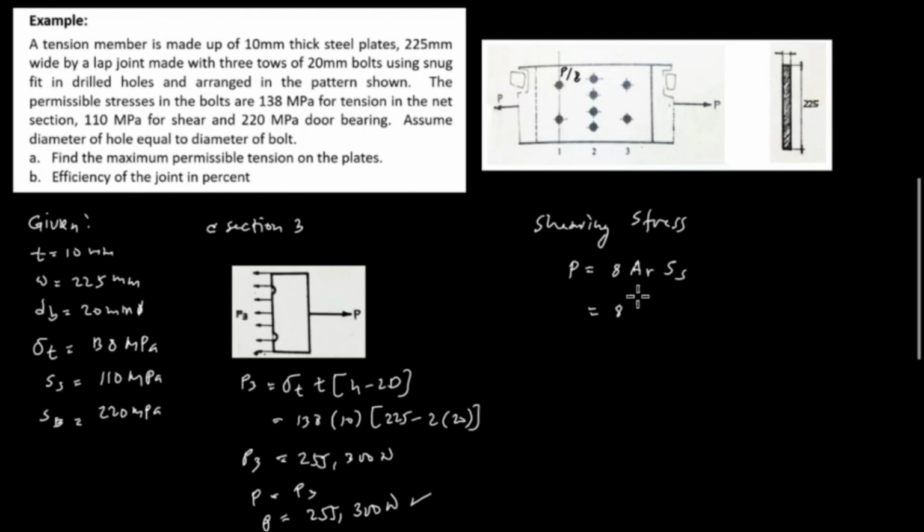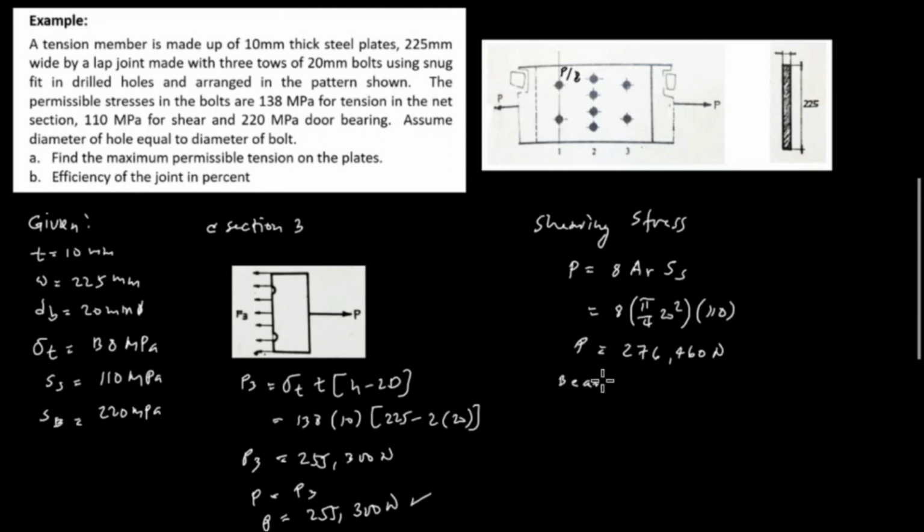So 8 multiplied by the area of the circle of the bolt, which is pi over 4, and the diameter 20 squared, and multiplied by the shearing stress, which is 110, and P for the shearing value of 8 rivets is equivalent to 276,460 Newton.